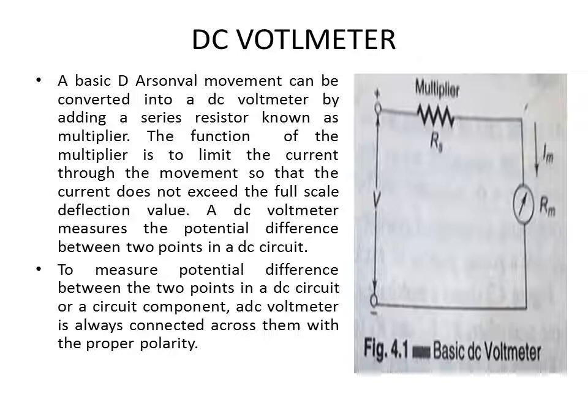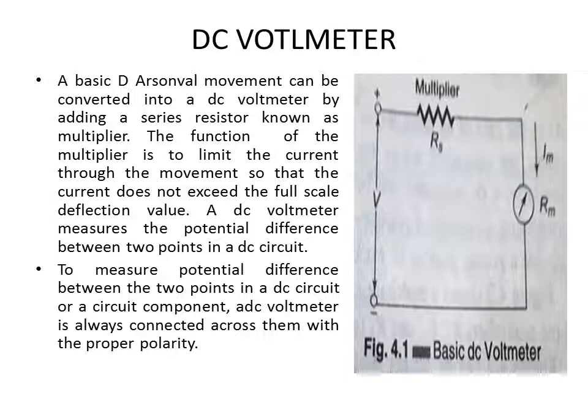You can see in the figure of a basic DC voltmeter, a multiplier RS is connected in series with the meter movement, that is the D'Arsonval movement, and current, that is IM, is flowing through RM, the meter resistance.